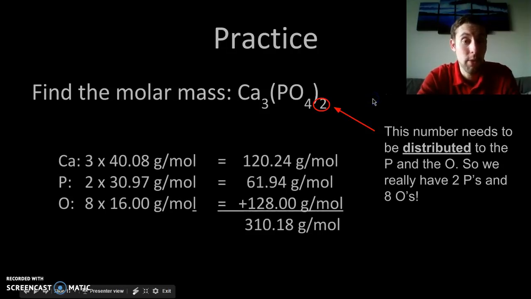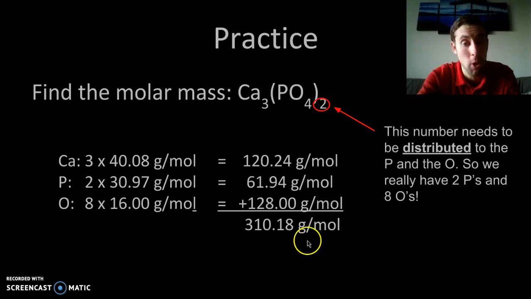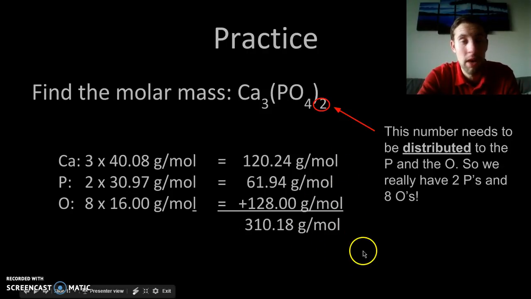So we take the mass of 3 calciums, mass of 2 phosphoruses, and 8 oxygens to get that grand total we saw earlier of 310.18 grams per mole. With or without the E, up to you.